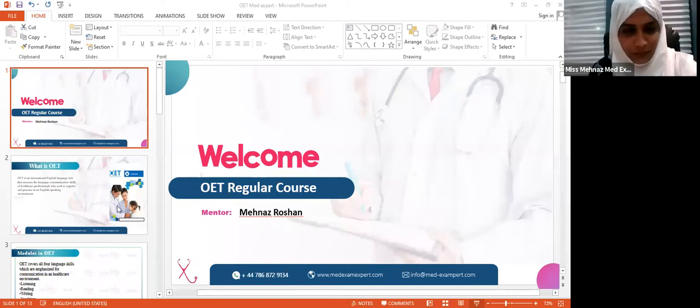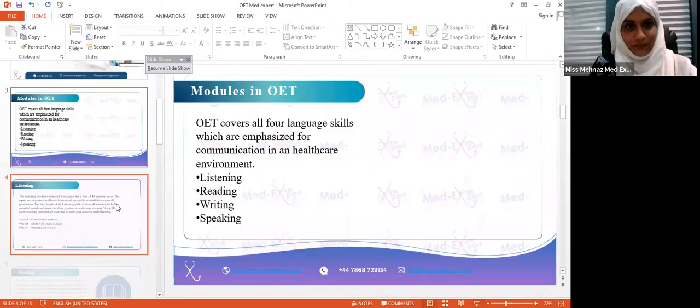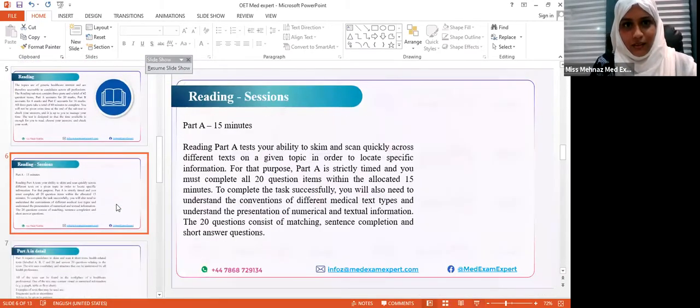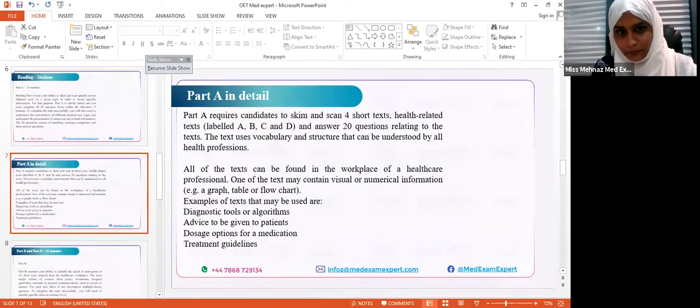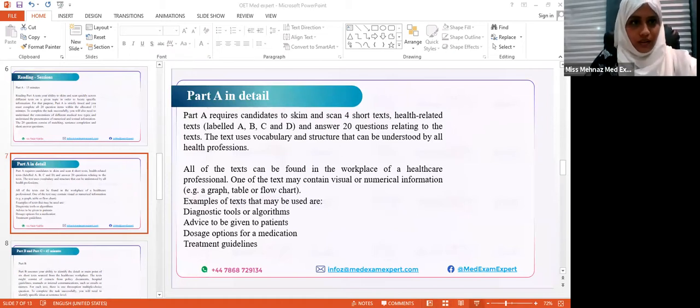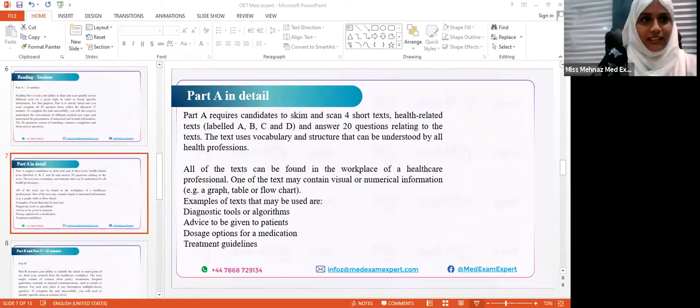Now moving on to Part B. Okay, this is in detail, as I've told you.